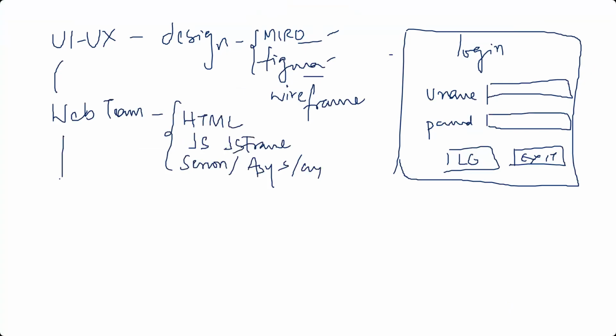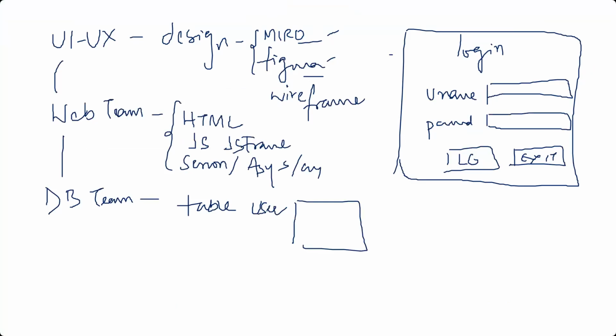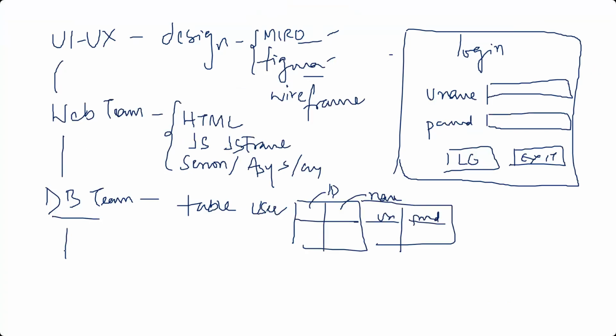Then there will be a backend team who actually creates database tables to store user info. So they will create a table which should have certain column names, an ID, a column where it should take username and it should take password. So this is how a typical DB team behaves.